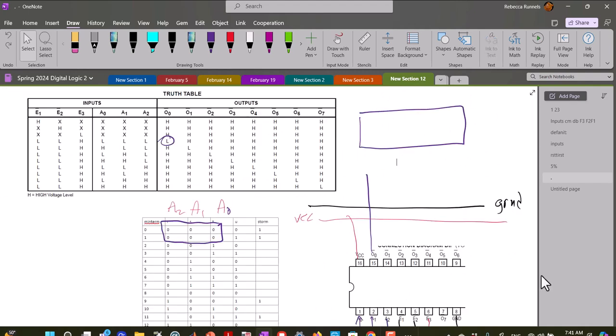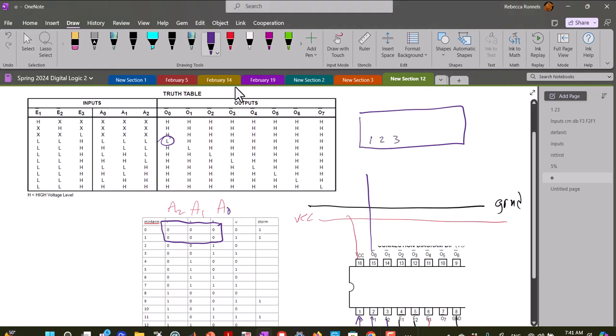Okay, so on the not gate, 1, 2, 3. So that's our input. That's going to be the output that we're going to want to AND to something else.